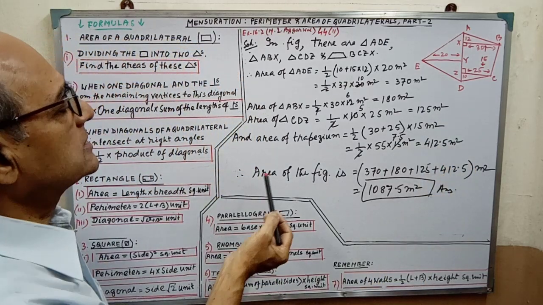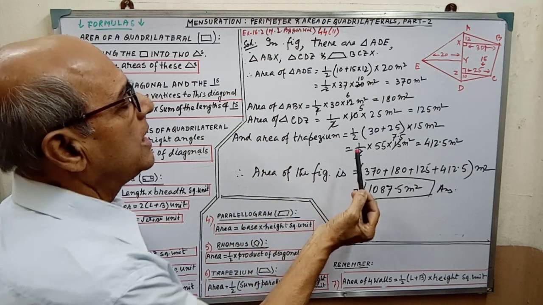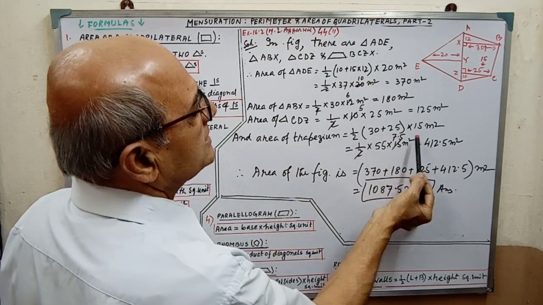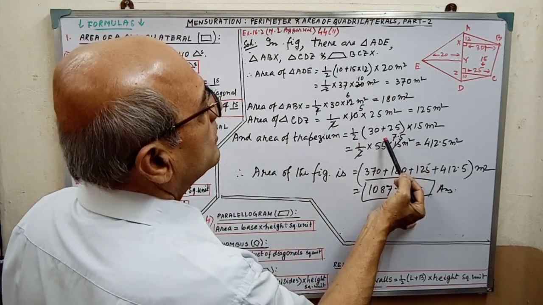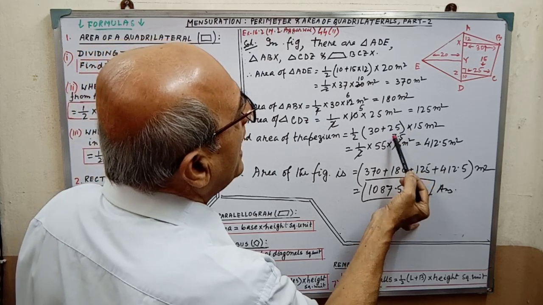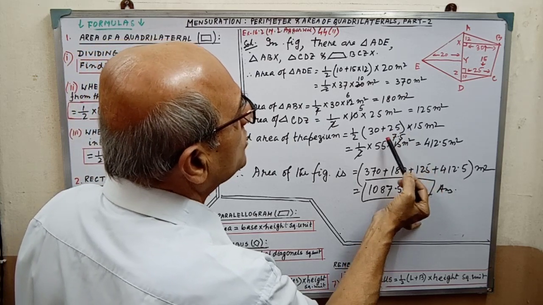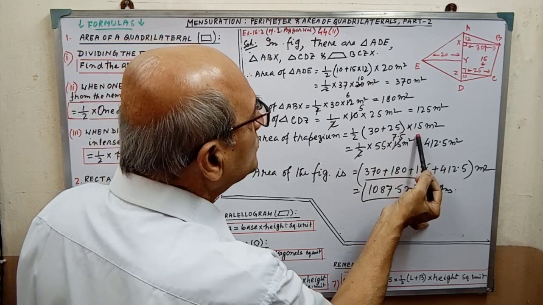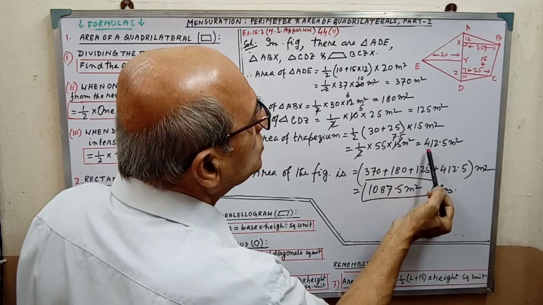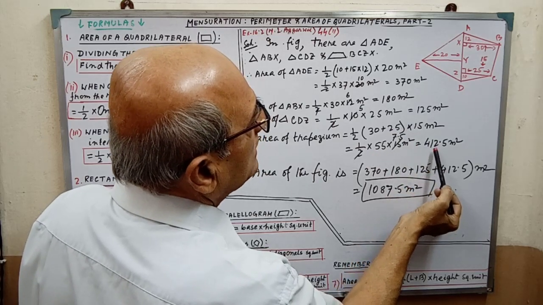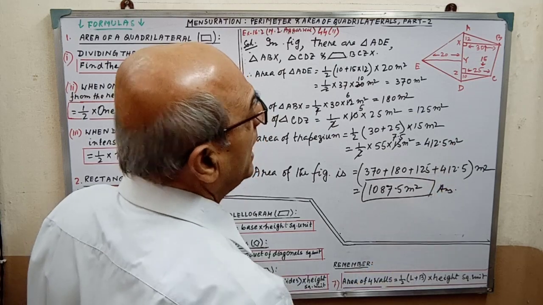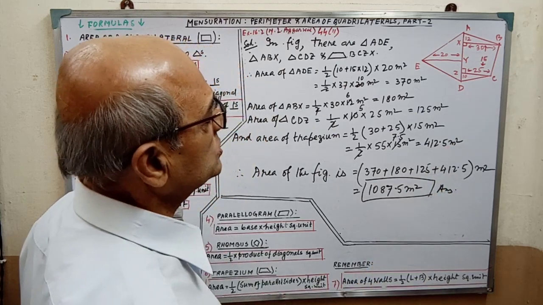Then the last figure, that is the trapezium, half into sum of the parallel sides into height. By writing the formula and relevant values you have to write, and by calculation we are getting 412.5 meters square.